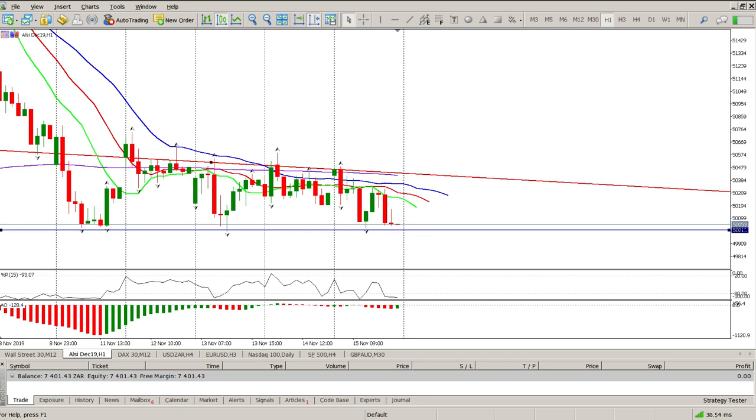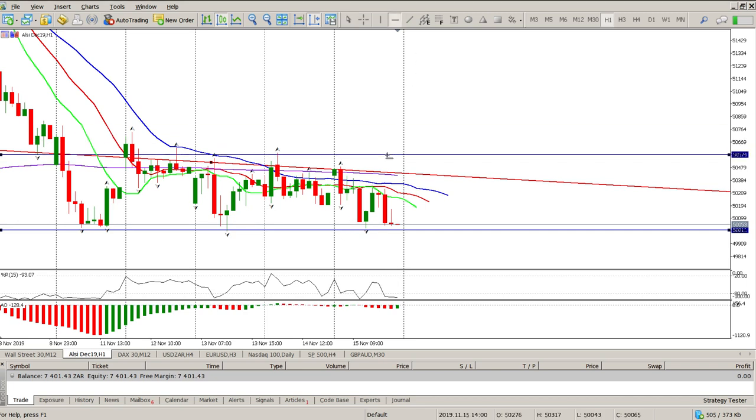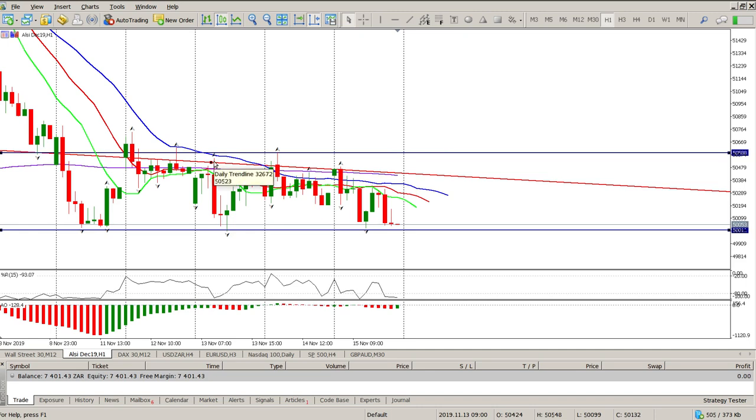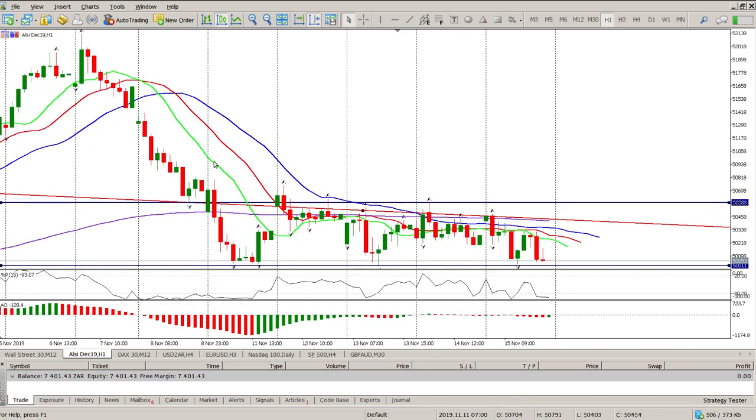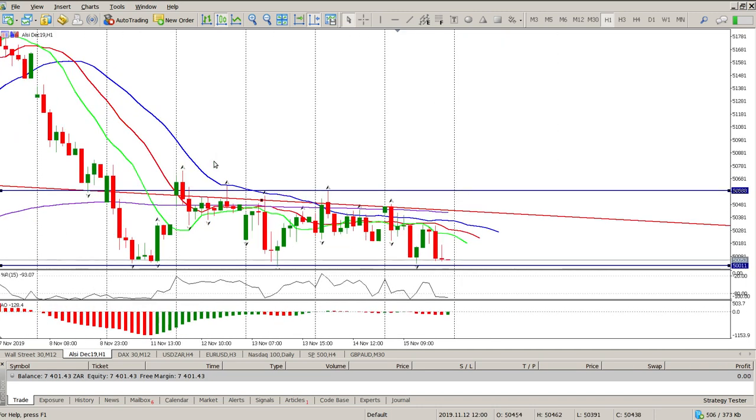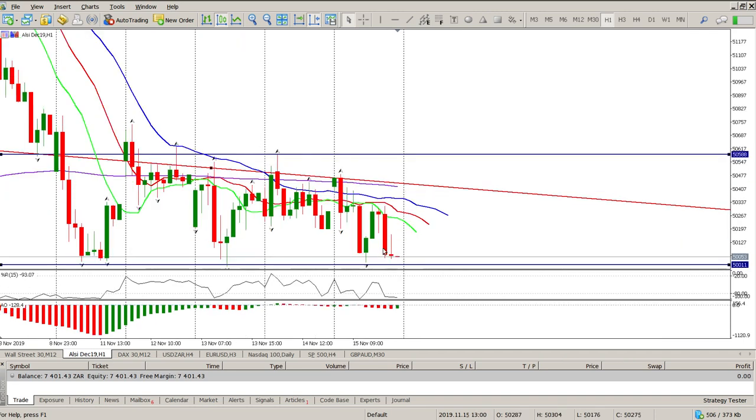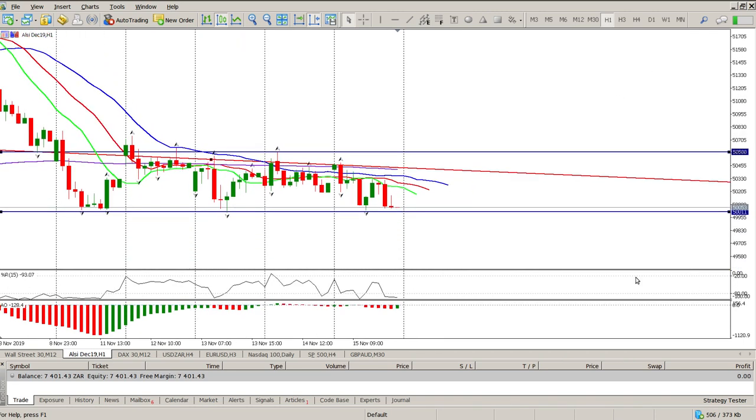So my gut feel for the Aussie this morning is a gap up. There is a very good chance that this 50,000 is defended today, but I'm going to want to see a break above this mess before we even start looking at longs again. For the moment, this is looking very bearish, but it could be a bit of a trap.